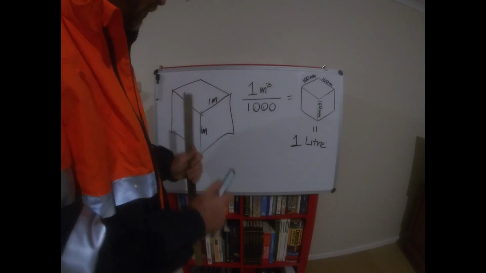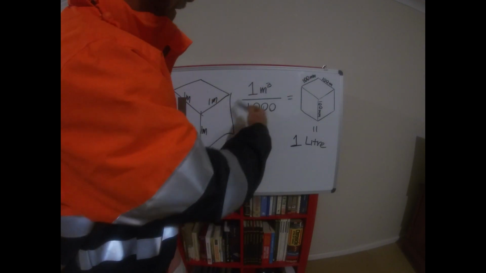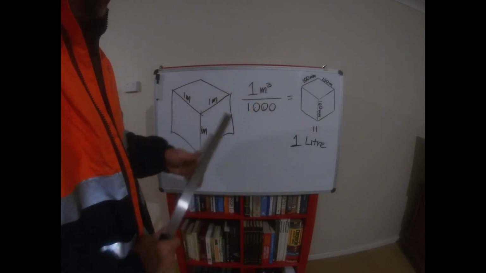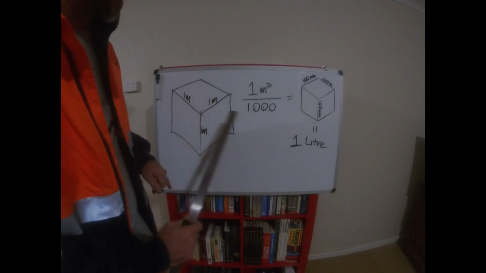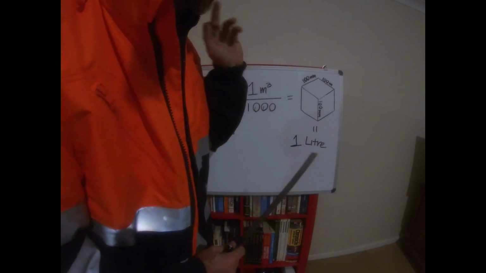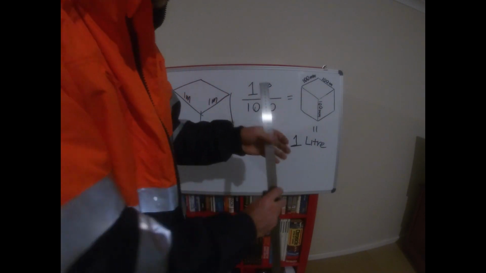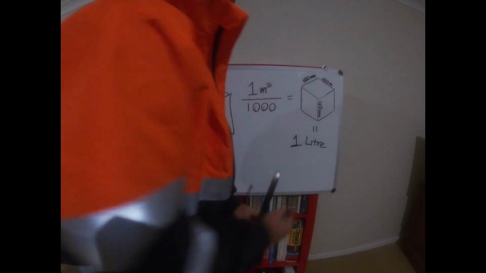If it's just full of volume, it's a cubic metre. So let's get our cubic metre, we divide that by 1,000. And we know that a metre is 1,000 millimetres on all sides, so we divide that by 1,000, we get a shape like this, which is 100 millimetres by 100 millimetres by 100 millimetres. And if you look here, I've drawn that to scale, and that equals 1 litre.